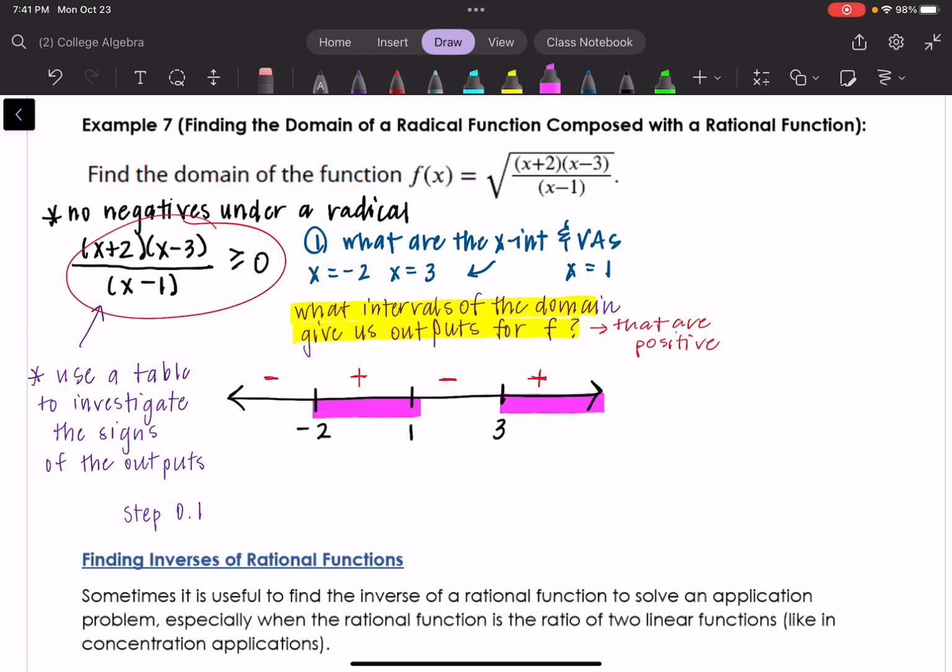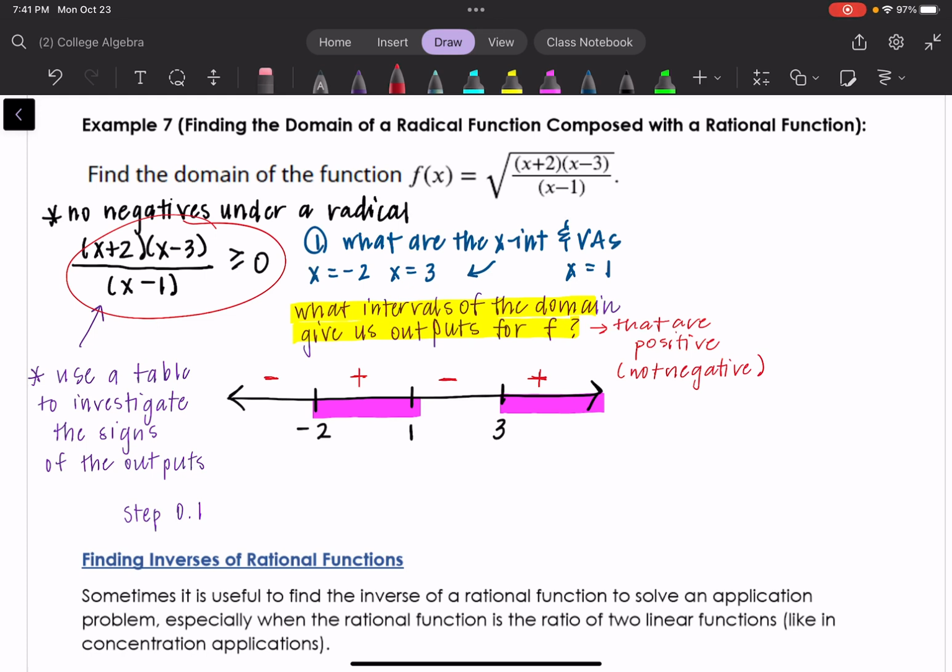Really, what we want to make sure that we capture, rather than strictly positive, are not negative. And why is that an important distinction? Not negative. That's important because having a 0 under a radical is fine.